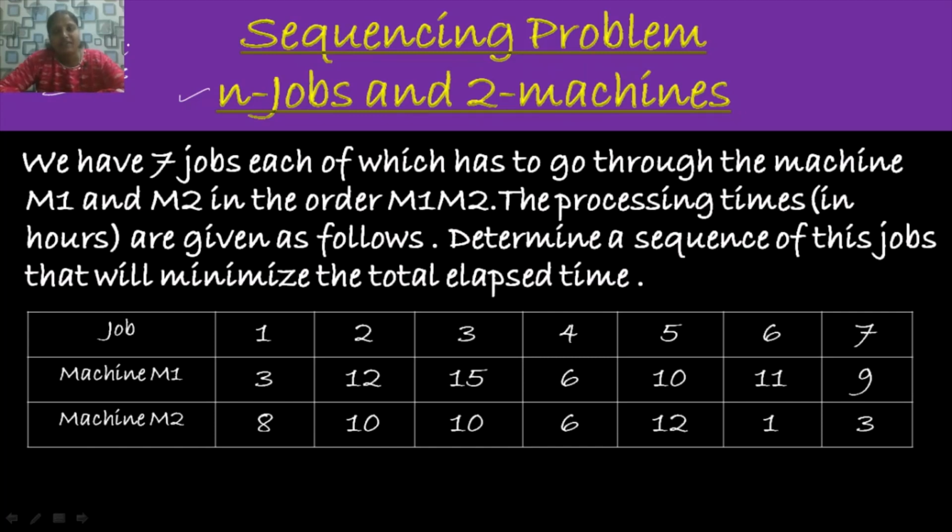That is what we discussed in the previous video. In this video, we are going to discuss if there exists a tie between jobs, how to resolve that and find the total elapsed time.